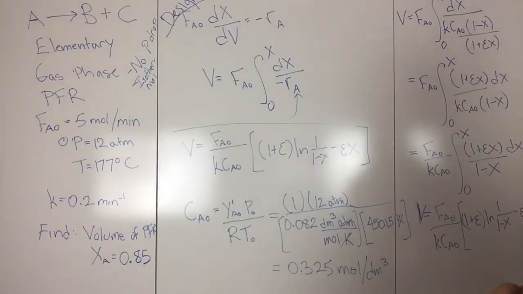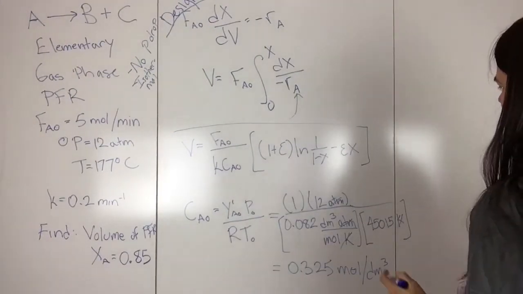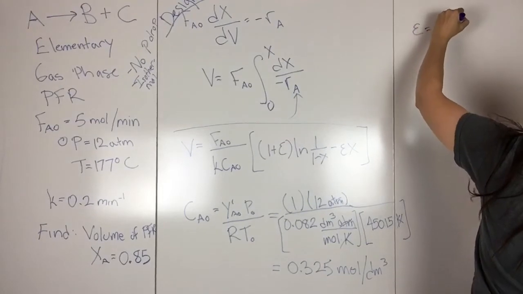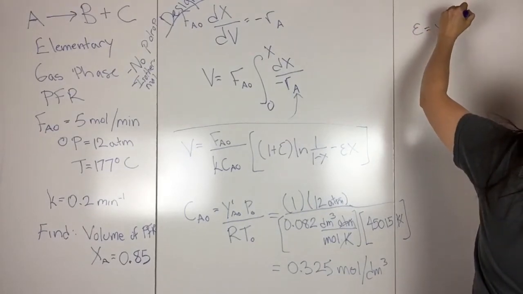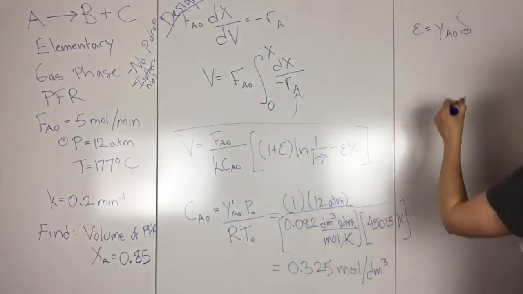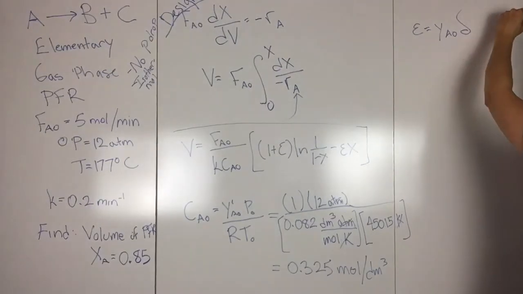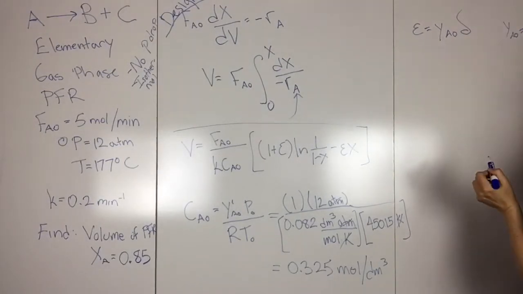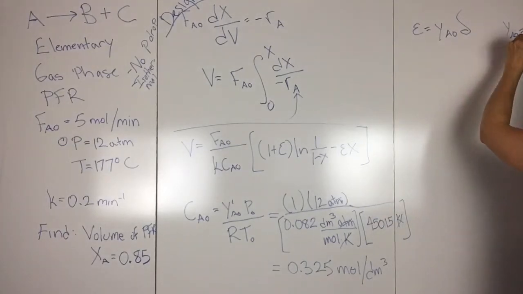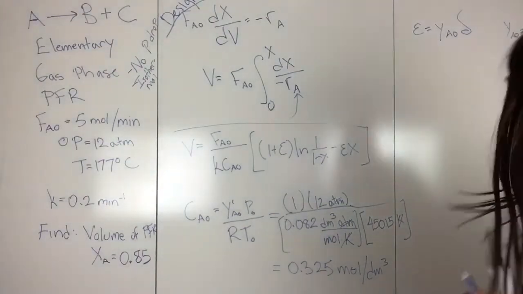And then I'm going to erase some more stuff. The second thing we need to calculate is epsilon. Epsilon is equal to ya naught times delta. We've already determined that ya naught is equal to 1, so we need to calculate delta.